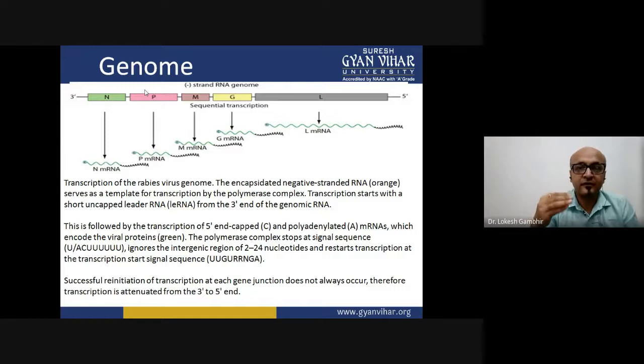It first should be converted into a positive strand mRNA, and that positive strand mRNA will be utilized for the synthesis of protein. So you see in this genome, there is a deliberate attempt to make you understand that the genes are not in a continuous arrangement. There is a gap in between. This gap, technically, we call intragenic sequences, which do not code for any kind of proteins.